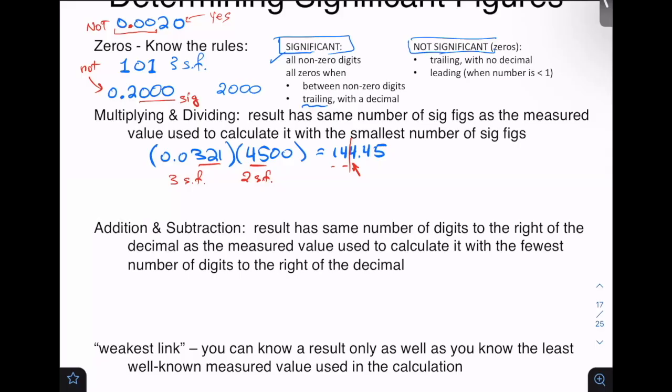Then we use simple rounding rules: if it's 0 through 4, we keep the number in front of it the same, and if it's 5 through 9, then we round up to the next digit. In this case, the 4 that's dropped tells us that we're not going to round up the number in front of it. This stays as 1, 4 for our significant figures.